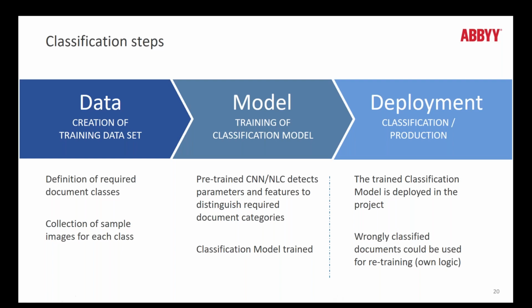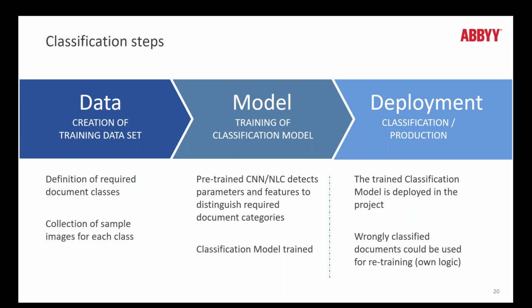I have a short note here that it is possible to continuously improve the classification model. For example, when you or your customer detect wrongly classified documents, those documents can be fed back into the training data set, and the model can be retrained and improved on an ongoing basis.